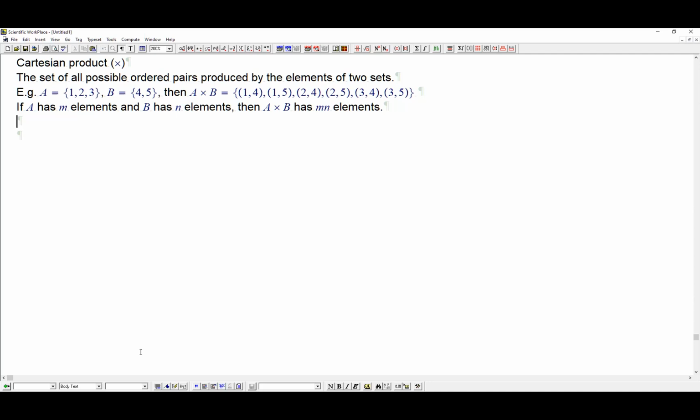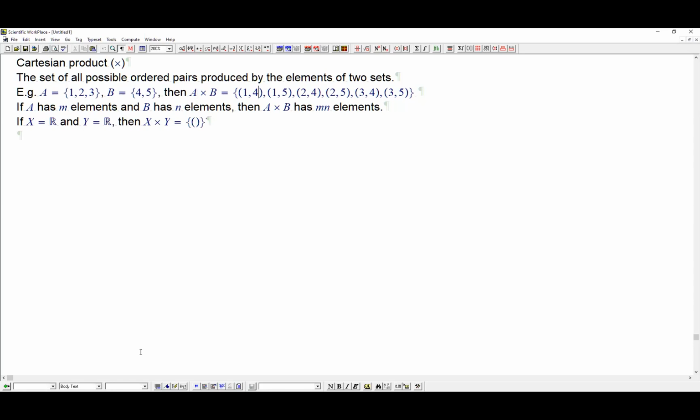For instance, if X equals R, so X is a set that contains all the real numbers, and Y equals R, then X times Y equals, so let's write this in set notation.